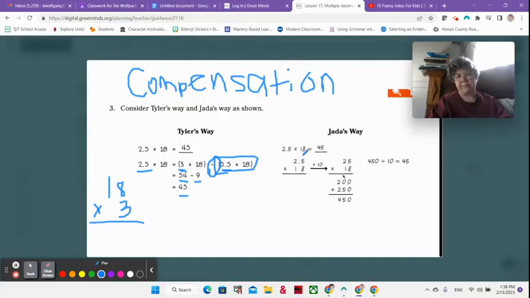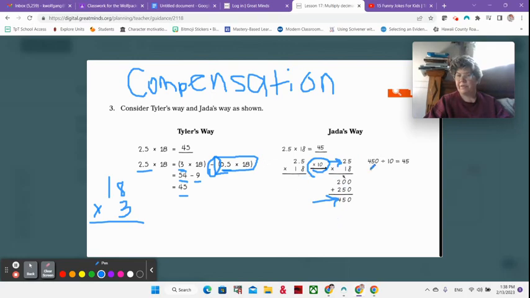Okay, let's see what Jada did. Jada said 2 and 1/2 times 18 is 45, right? 2 and 5/10 times 18. She multiplied it by 10. So she multiplied her 2 and 5/10 by 10 and got 25. And then she could multiply 25 times 18 and she got 450. But that's not the answer, right?